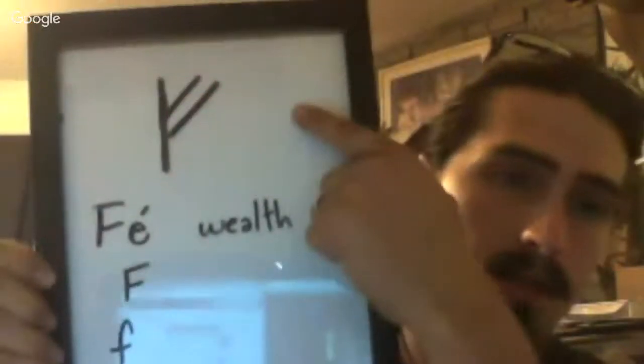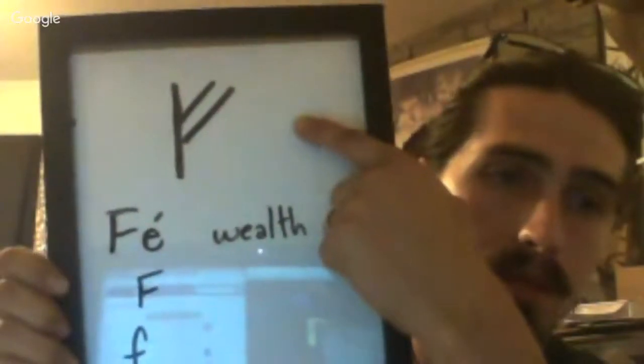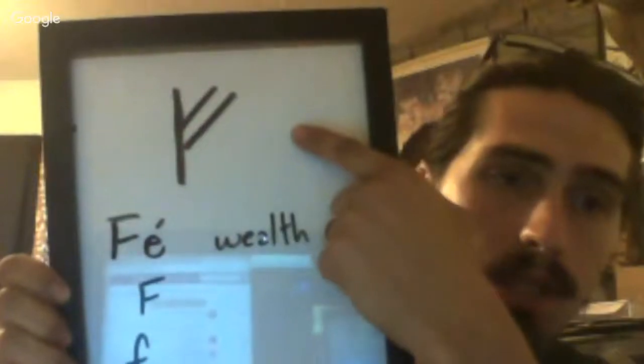And this will also let me show you the form that I'm going to go over all of the letters with. So at the top will be the actual inscription letter itself.